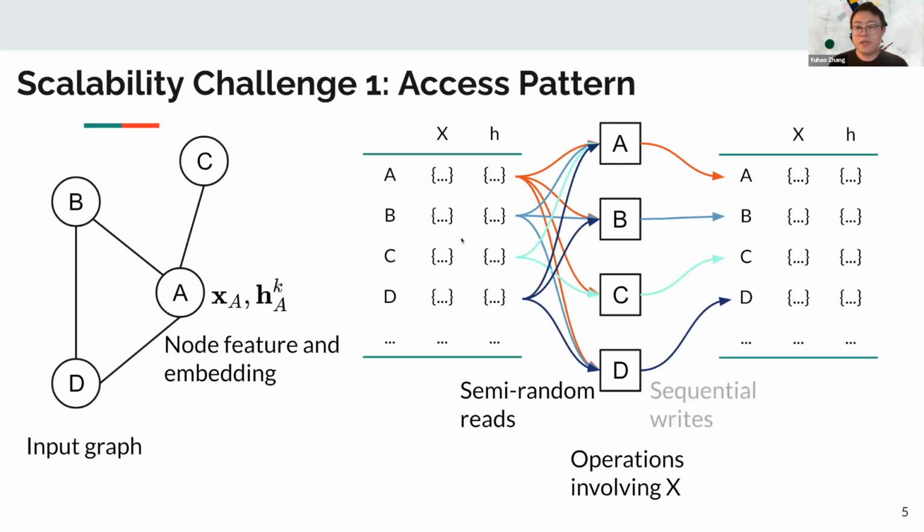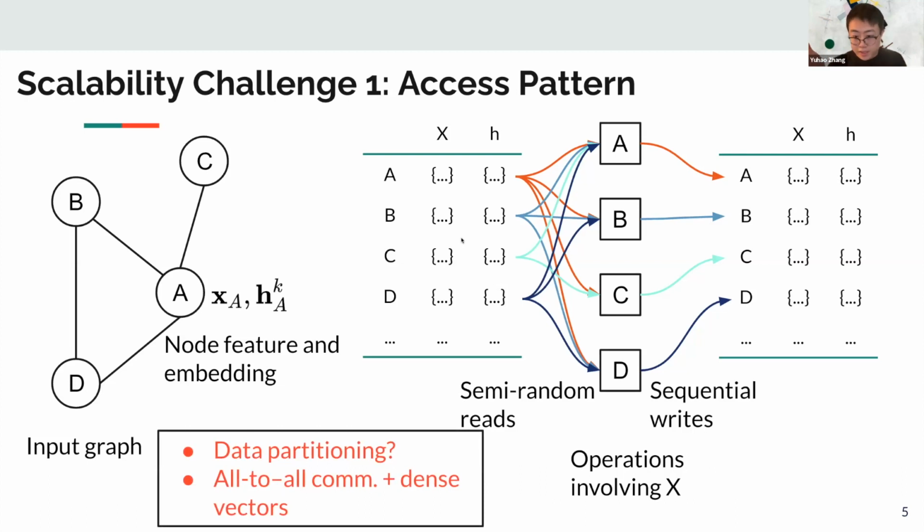And the problem becomes even nastier if our data is partitioned, say, if I have multiple nodes. Then the GNN would incur almost all-to-all communications of these dense vectors across our computational nodes. And needless to say, it's very expensive and brings in heavy overheads.